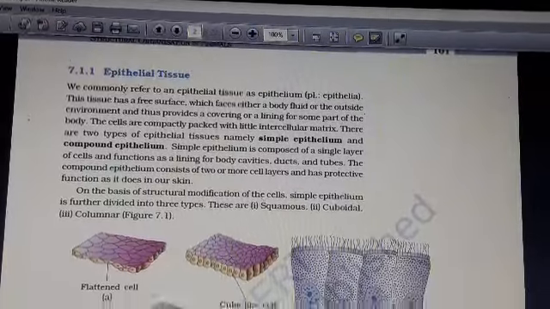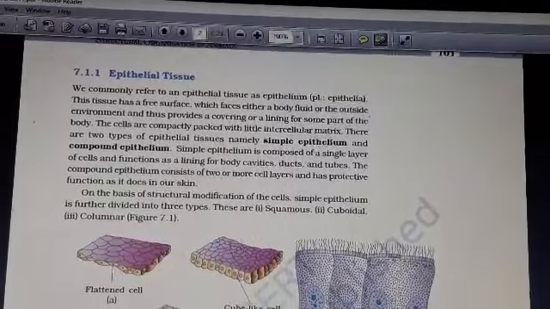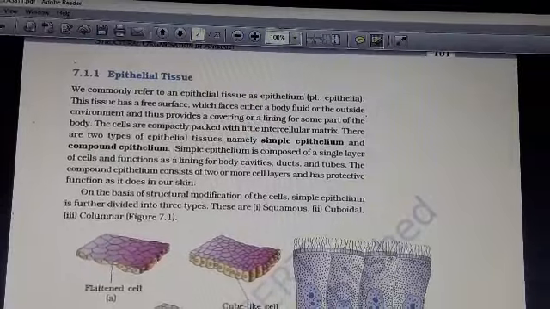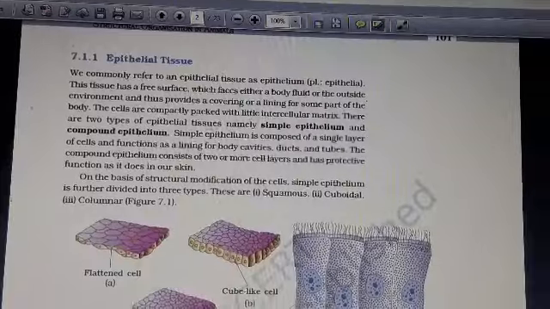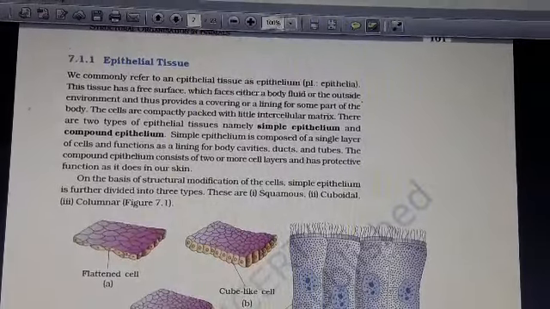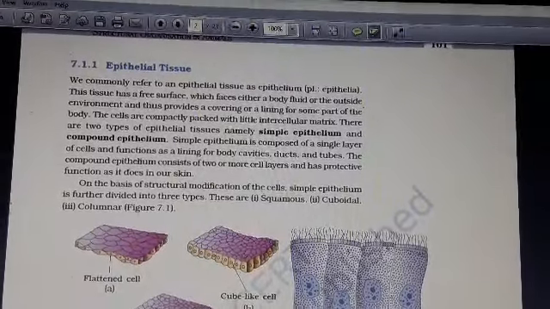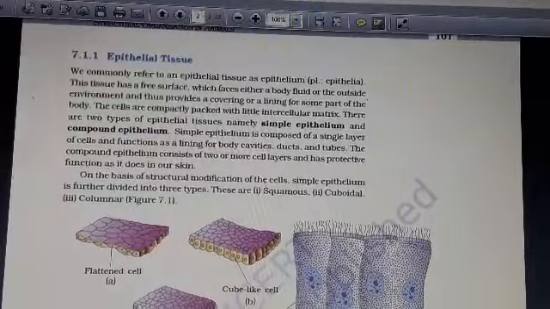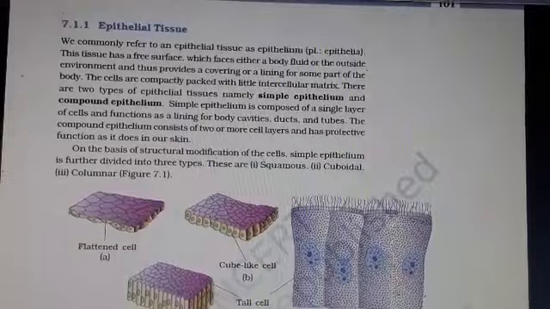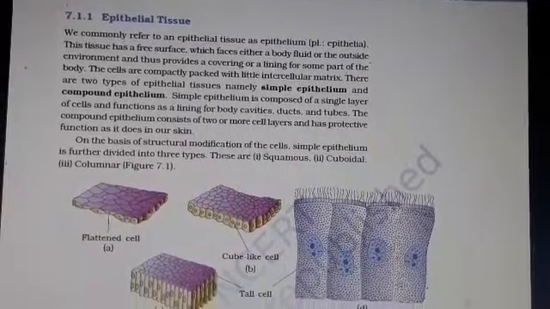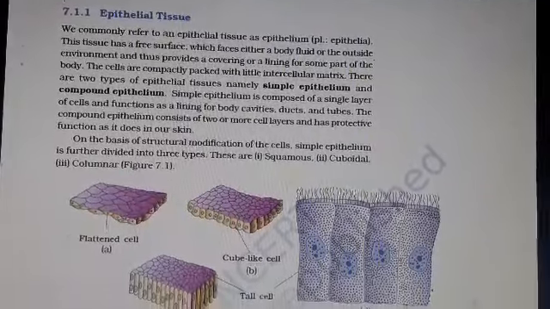The one having a single layer is known as simple, and the one having more than one layer is known as compound epithelium. It's as easy as that. A compound epithelium is also known as stratified epithelium. So this was about the epithelial tissue. Now we're going to talk about the epithelial tissue types. I have some photos of that, I will show you.